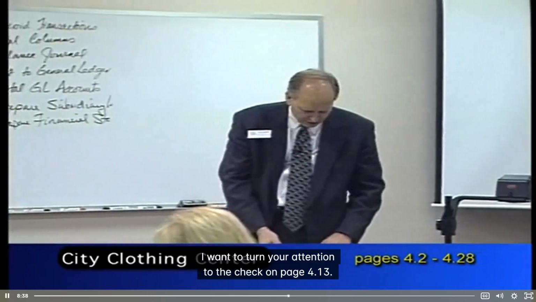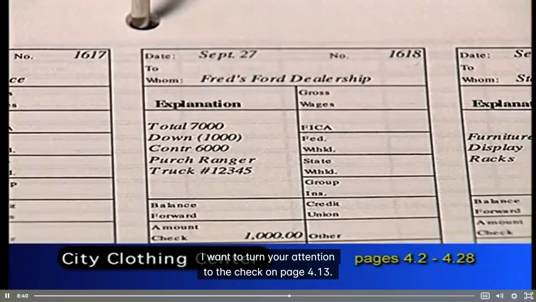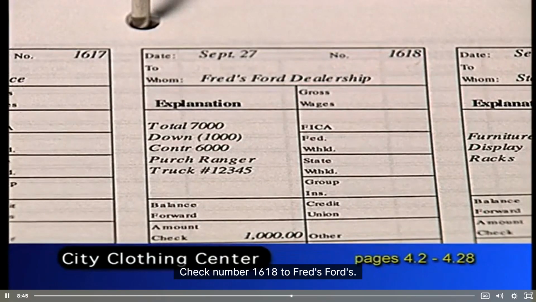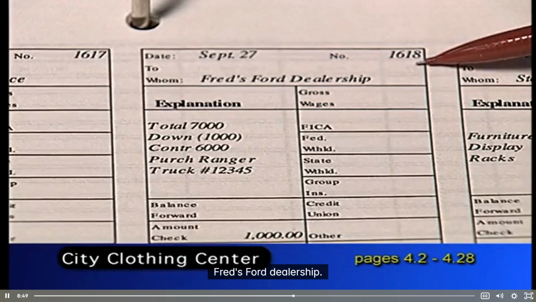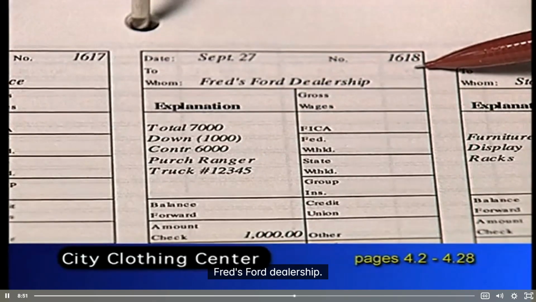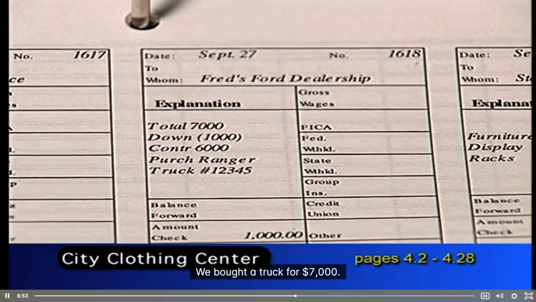I want to turn your attention to the check on page 413, check number 1618, to Fred's Ford dealership. We bought a truck for $7,000.